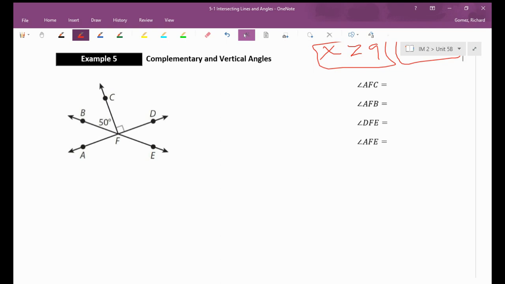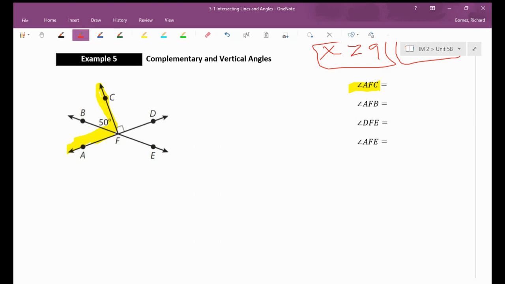Here we go. This is a much more difficult problem here. Let's see if we can tackle it. They want to know angle AFC in yellow. So angle AFC is this one right here. So what do we know from it already?